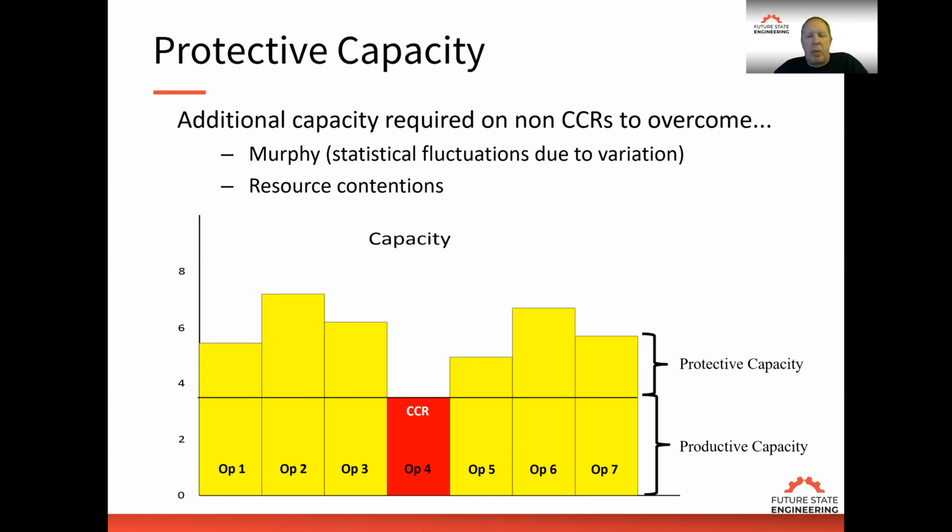That additional capacity above what the capacity constraint resource has is protective capacity. So we need protective capacity in any system because we know that there's going to be problems. We know there's going to be issues. We know there's going to be delays. And so we need that extra capacity to overcome those delays and sprint to catch up to the pace at which we need to produce to customer demand.